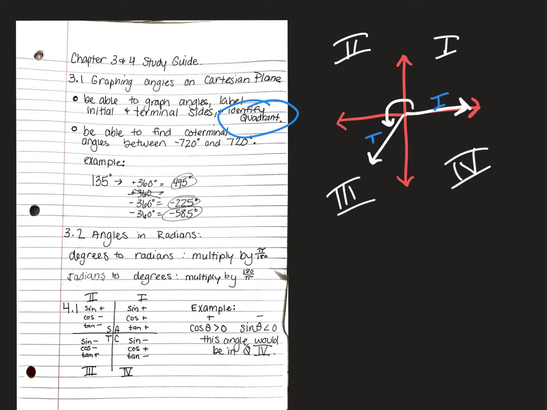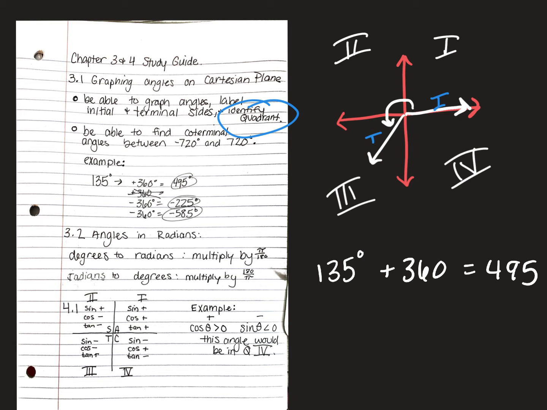Okay, the other part we did in 3.1 was finding our coterminal angles. So let's say you're given, like I said, the example in your study guide was 135 degrees. So you're going to keep adding 360 until you get above 720, right? So if you do it once, you get 495.